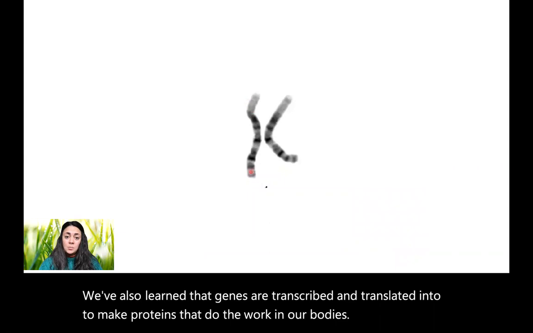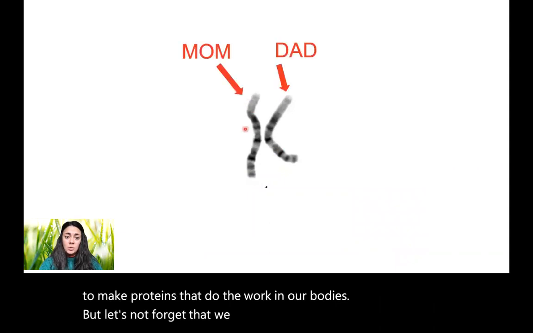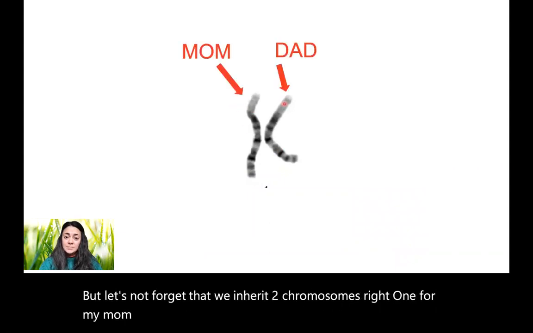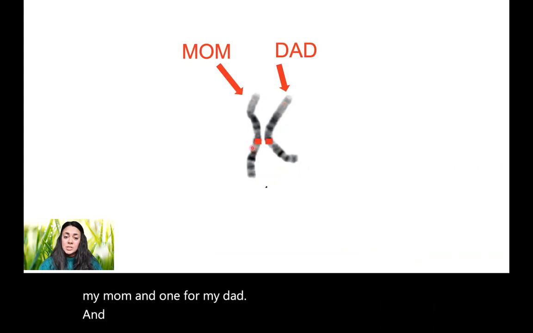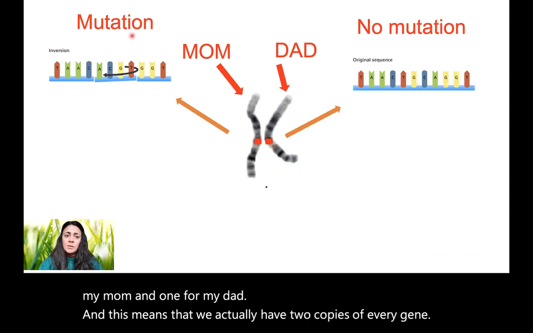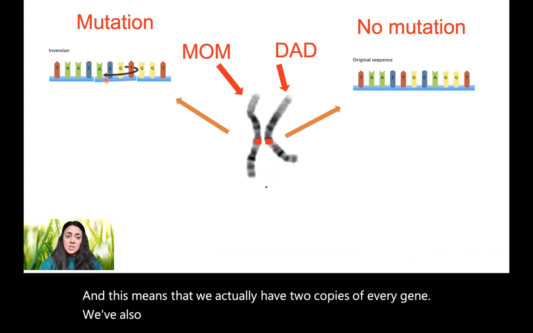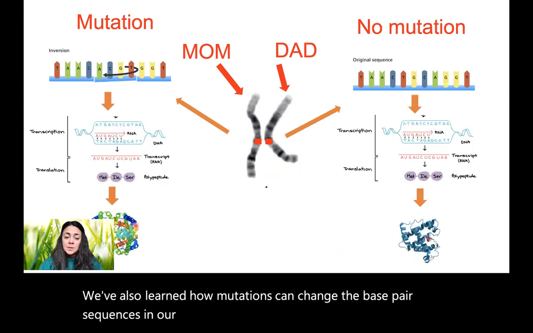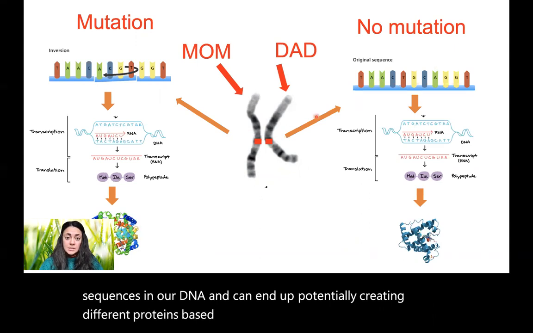But let's not forget that we inherit two chromosomes, right? One from our mom and one from our dad. And this means that we actually have two copies of every gene. We've also learned how mutations can change the base pair sequences in our DNA and can end up potentially creating different proteins based on those sequences.